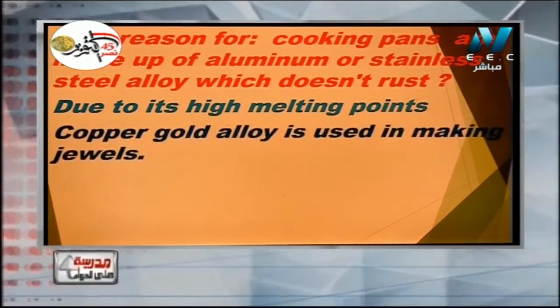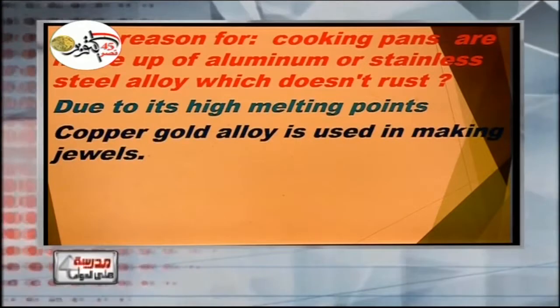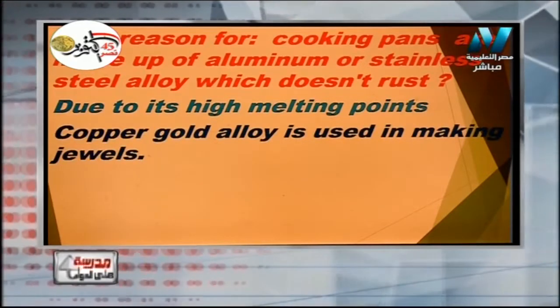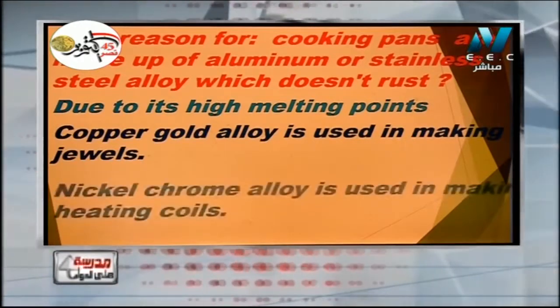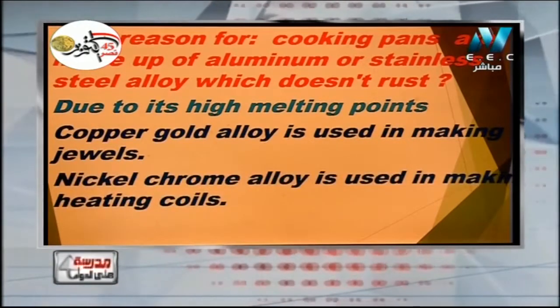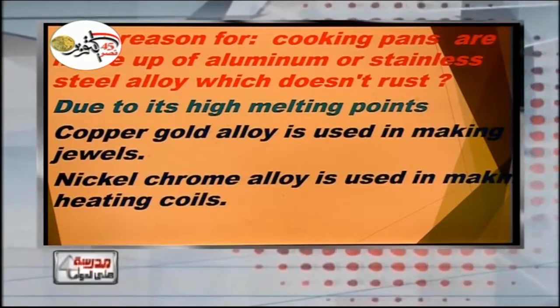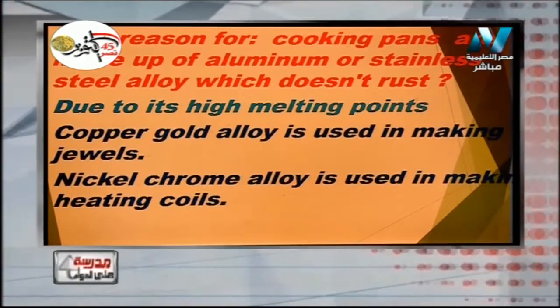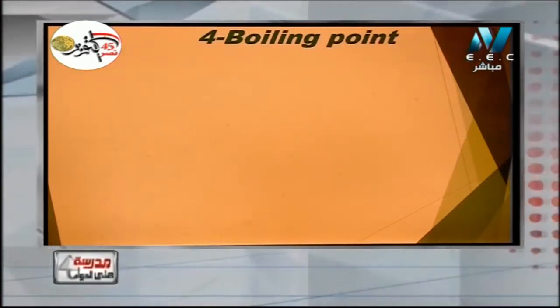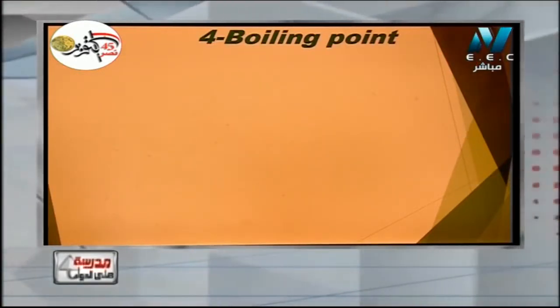We have alloys: copper-gold alloy is used in making jewels, and nickel-chrome alloy is used in making heating coils in heaters.